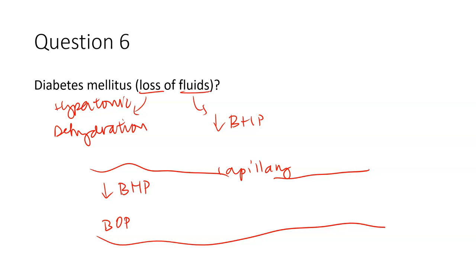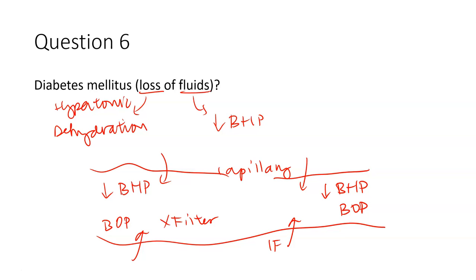So if we have lost blood hydrostatic pressure, we may not be able to filter as effectively in our capillary. Instead, we may be only able to reabsorb fluids back into the capillary. Likewise, normally at the venular end of our capillary, we expect to see reabsorption, but this increased reabsorption may be due to the lack of blood hydrostatic pressure.